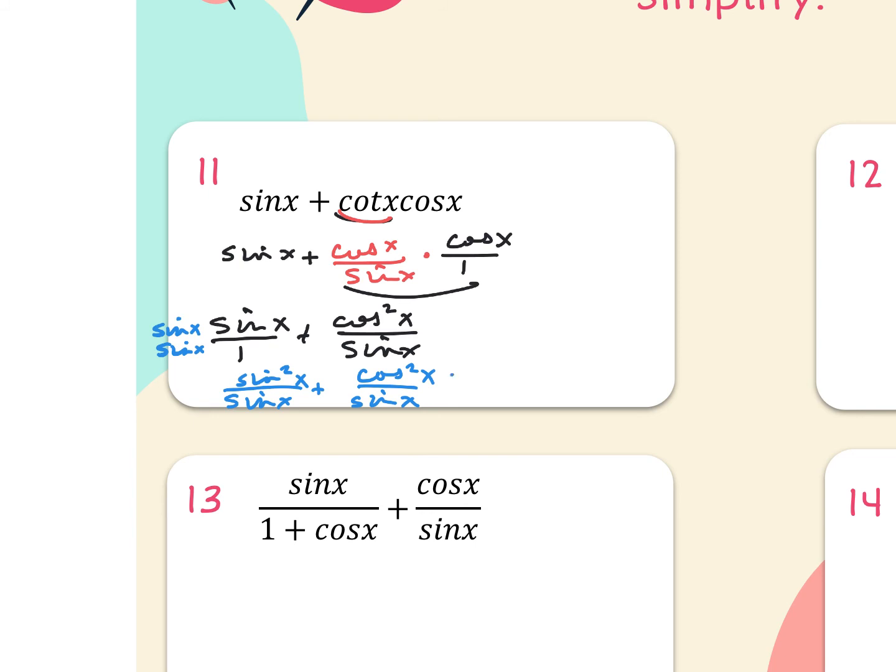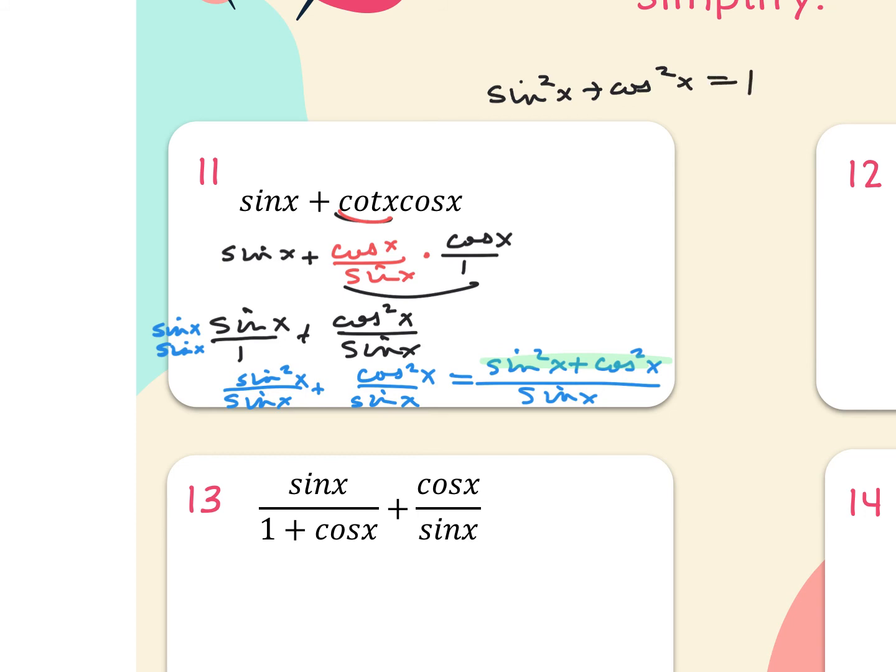So now that I have a common denominator, I can add my numerators. Add the numerators: sine squared x plus cosine squared x over sine x. Remember, this numerator right here is actually a Pythagorean identity. I'm going to be using the Pythagorean identity of sine squared x plus cosine squared x equals 1.